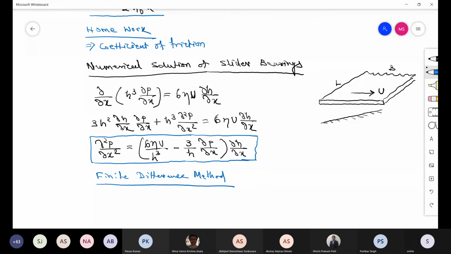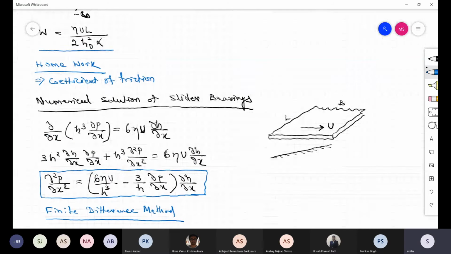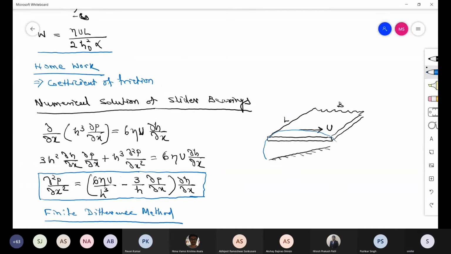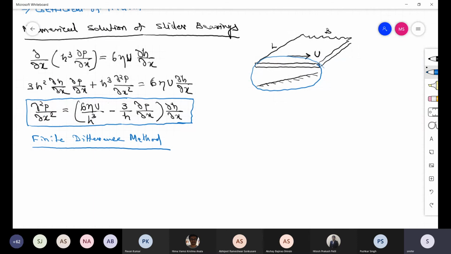Okay. So for any numerical solution, this is your solution space. Okay. That varies from, let's say, 0 to B. So this solution space you have to discretize.